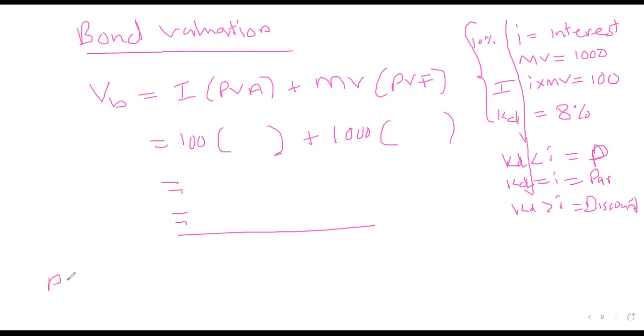Interest factor is simply 1 over 1 plus r to the power n, right? So what do we use for the interest factor? It's the market interest rate. The coupon interest is only used to calculate the coupon value. So 8%, so 1.08. The time is 3 years. So 1.08 to the power 3, what are you getting?